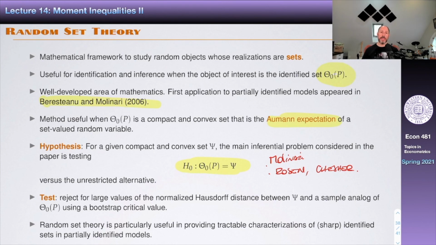If you talk to the haters, they will say this is a beautiful mathematical theory, but computationally this is a nightmare, because you're working with sets and with sets and with sets. It's arguably elegant, and whether it's going to have an impact in applied work is yet to be seen. Okay, so we'll see.